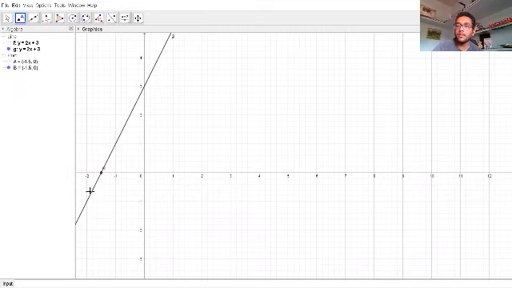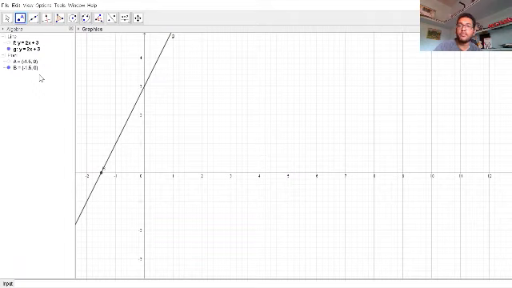For any linear polynomial, there is only one zero. It means it cuts the x-axis at only one point. So the zero of this polynomial y is equal to 2x plus 3 is minus 1.5.